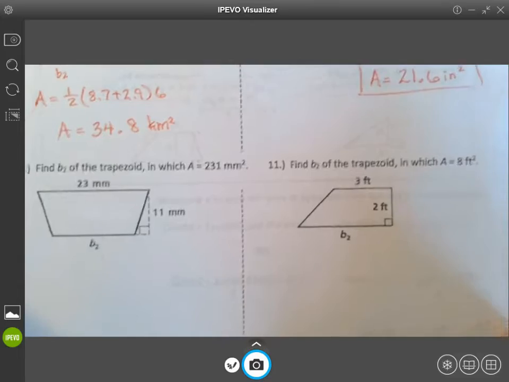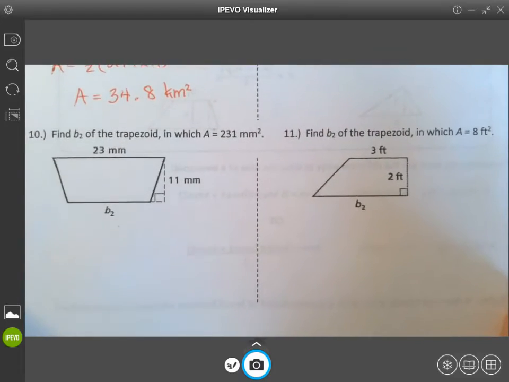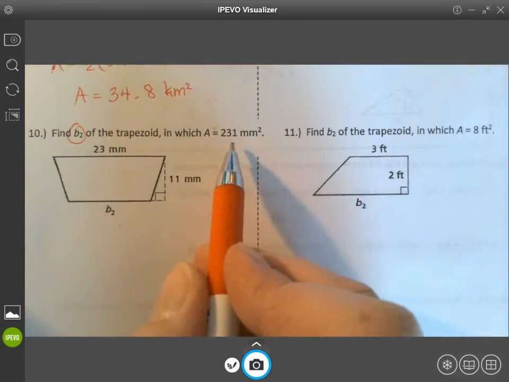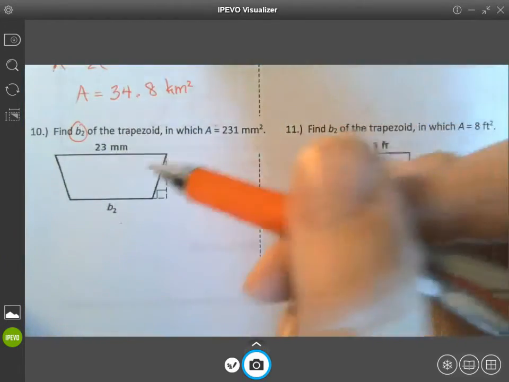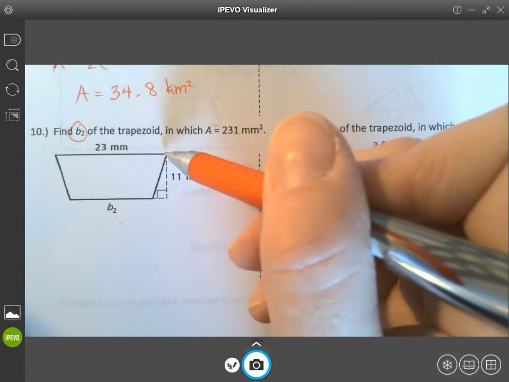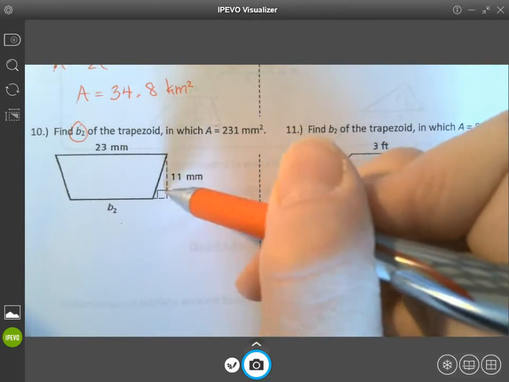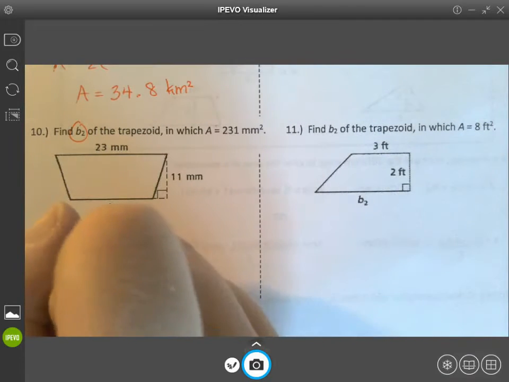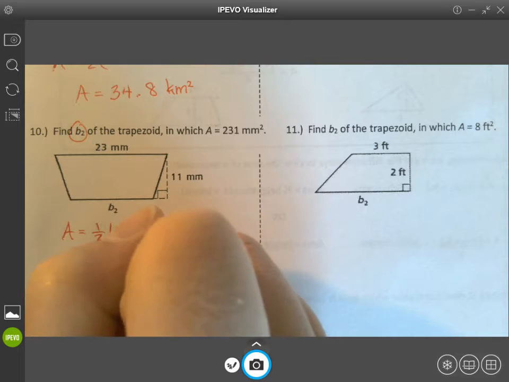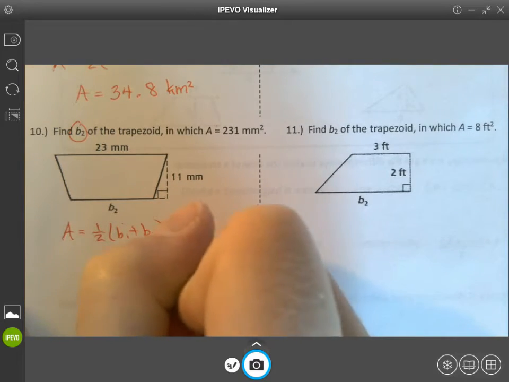Now we have to think a little more. All right. They want us to find B2, which is the one base, if they gave us the area. Now, notice that the altitude is outside, and that's fine. I could draw that inside here, as long as it goes from base to base, and it's in a right angle. So we know our formula is area equals 1/2 base 1 plus base 2 times the height.